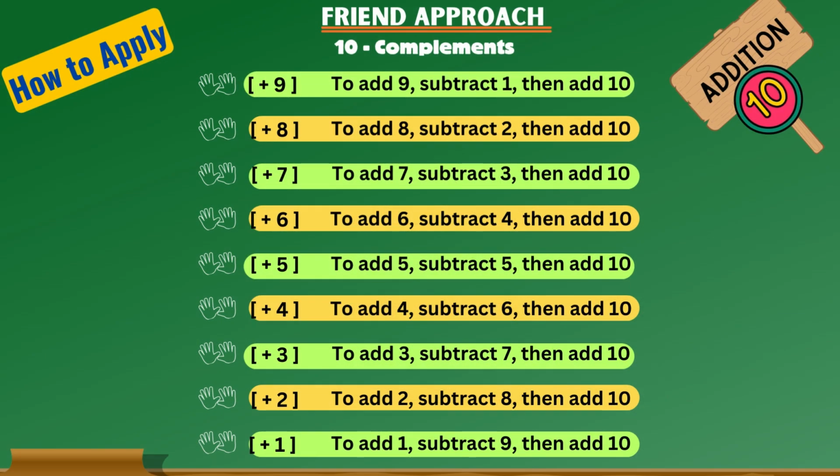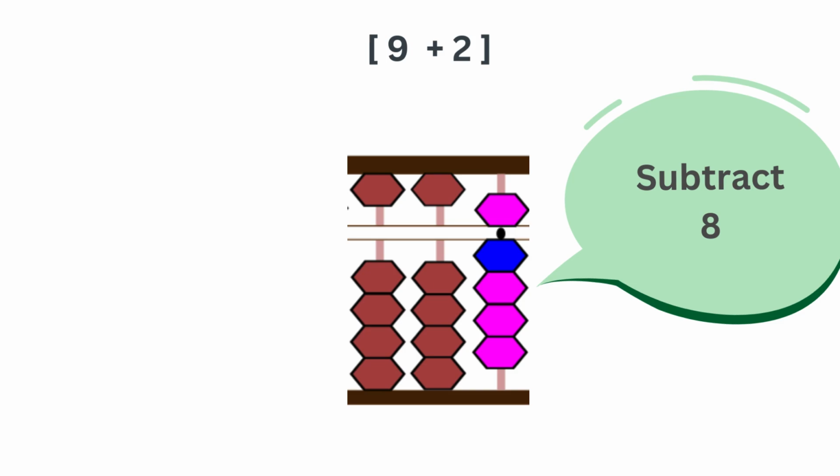Now, referring to the formula table to solve this, since we want to add 2, we look up the add 2 formula. According to the formula, to add 2, we subtract 8 and then add 10. Let's apply this formula. We subtract 8.